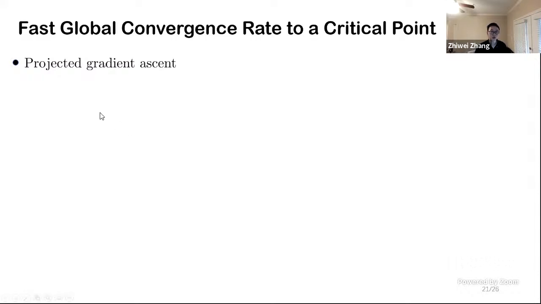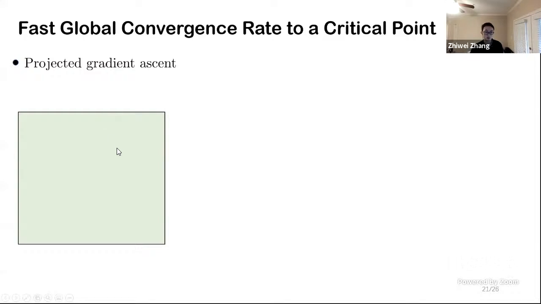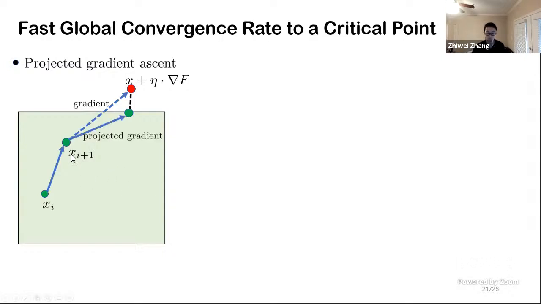But here we will focus on the projected gradient ascent approach. For those who are not familiar with it, it is just general gradient ascent, but projecting the outlier back to the box region by finding the nearest point. So sometimes when it happens, the projected gradient will be different than the original gradient.